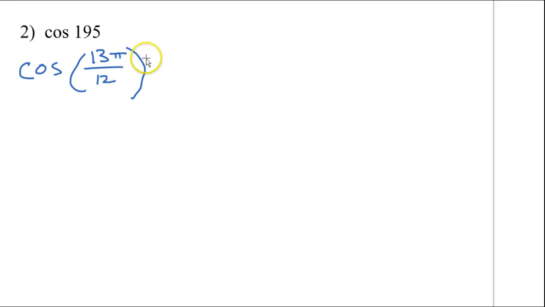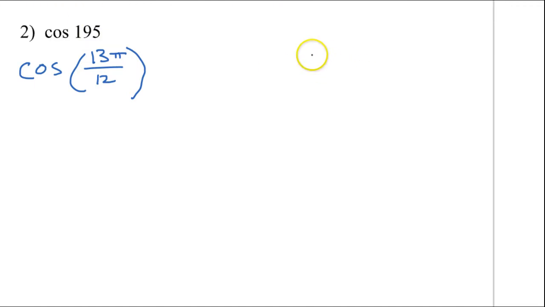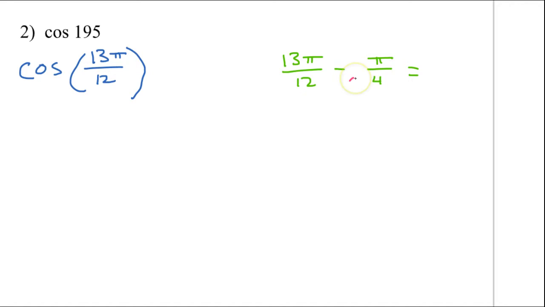Okay, now I need to split this apart into special angles. So I'm going to try my subtraction method again. So let's see, 13 pi over 12. Let's try minus pi over 4 and just see what happens. To make like denominators, I'm going to have to multiply by 3. So, interesting. I have 13 pi over 12 minus 3 pi over 12, which is going to give me 10 pi over 12.